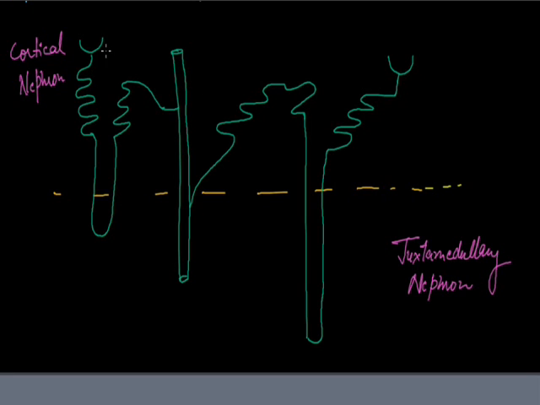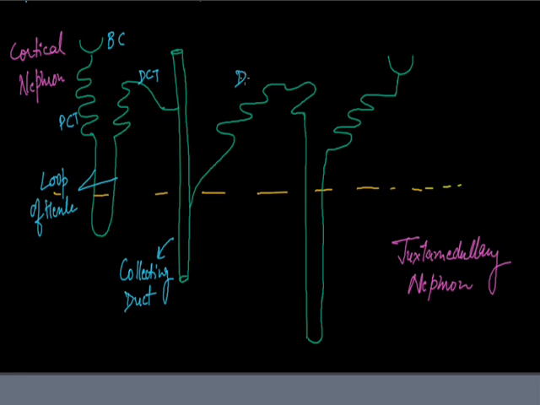We see the diagram. This is Bowman capsule. This will be the PCT part first, and this will be the loop of Henle. Cortical nephrons are major part in the cortex, while the short loop of Henle is embedded into the medulla. This is DCT. This is collecting duct. This is DCT. This is Bowman capsule. This is PCT. And this long is the loop of Henle.